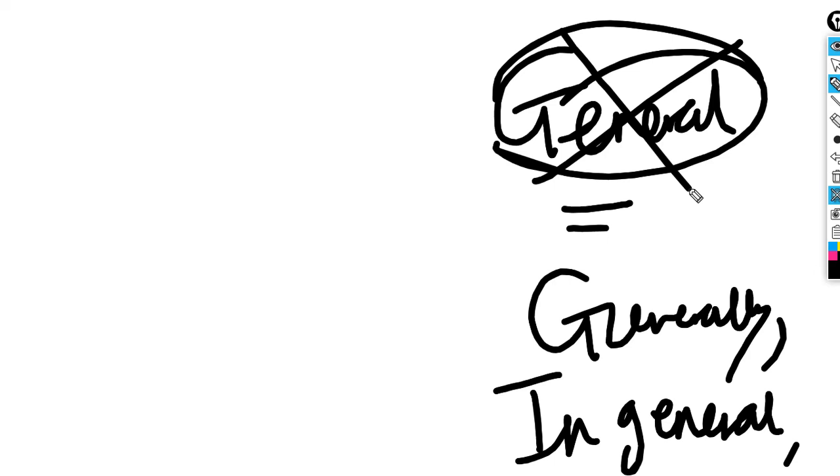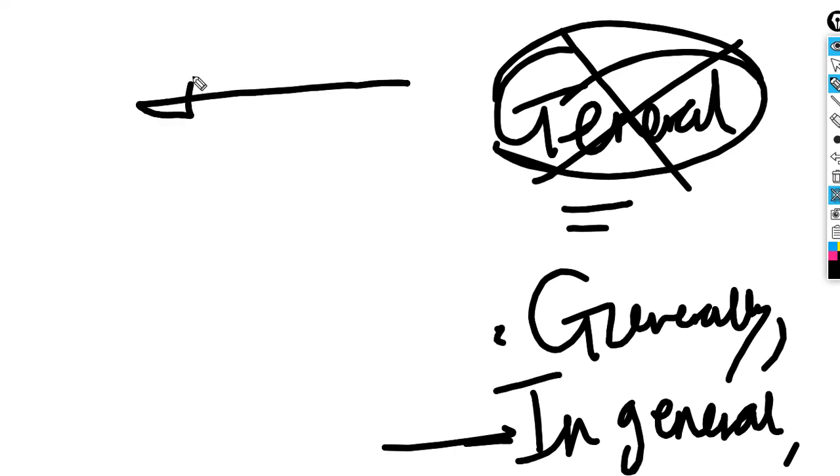So even if you do the direct translation, you realize that these two things do not mean the same. This one means usually, but this one means general. I am not good in Kiswahili anyway.